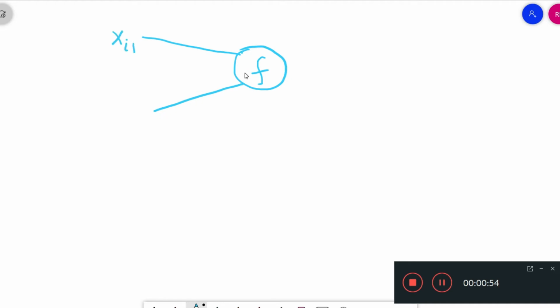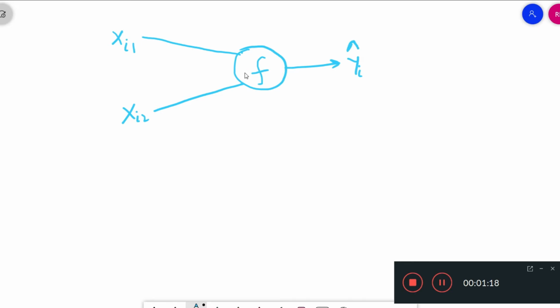So for a specific point xi, the data in the 2 dimensions will be xi1 and xi2, and let's say this is the activation function of the single neuron model which we are using to implement linear regression, and let's say this is the output coming out of the model.